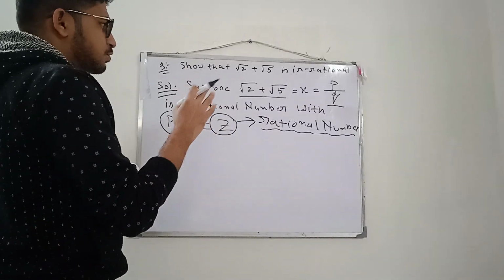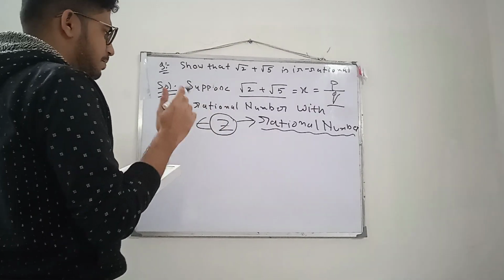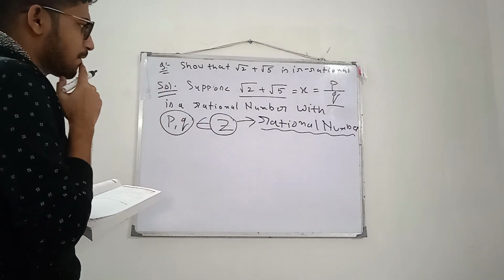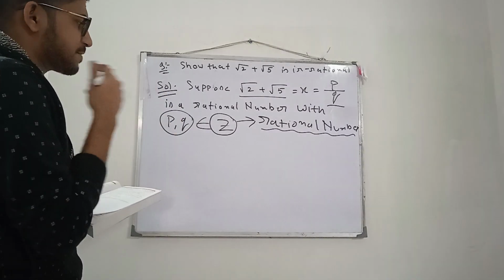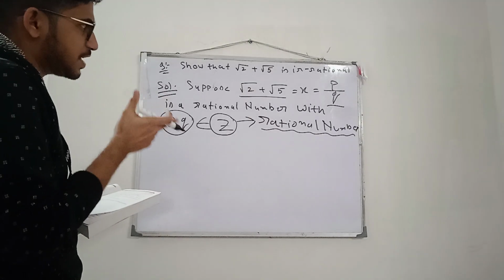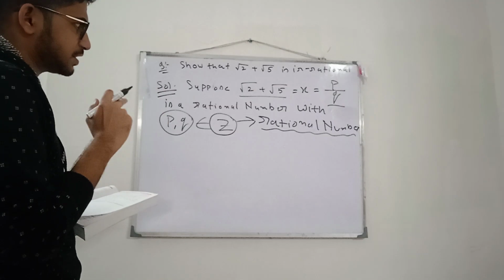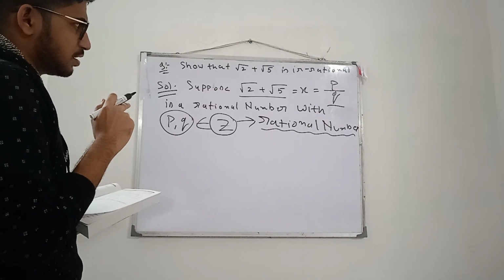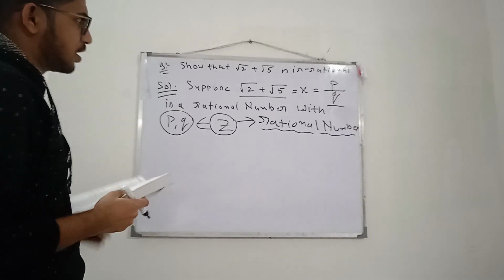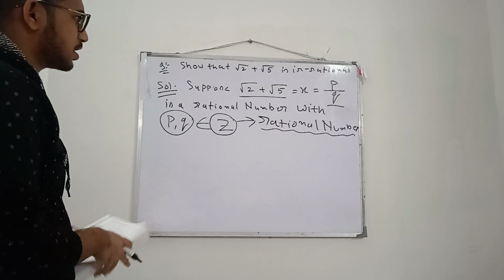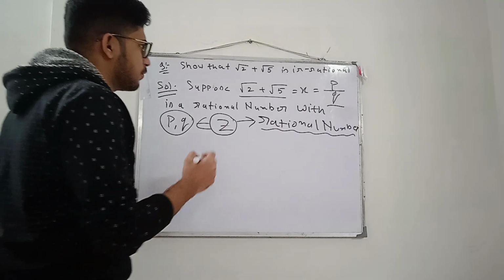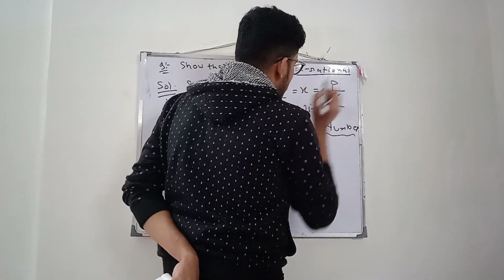So root 2 plus root 5 is equal to x is equal to p by q, and p, q is a rational number. That's why x is a rational number. We have to find the irrational.